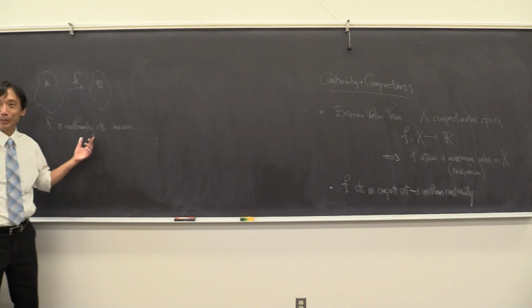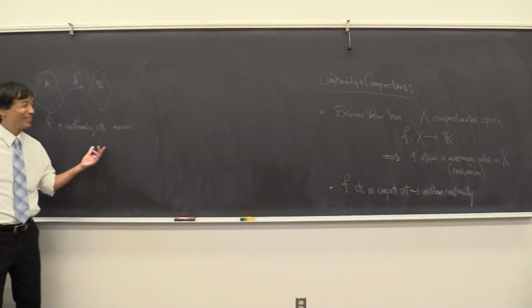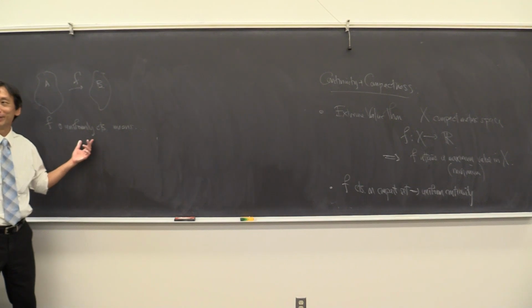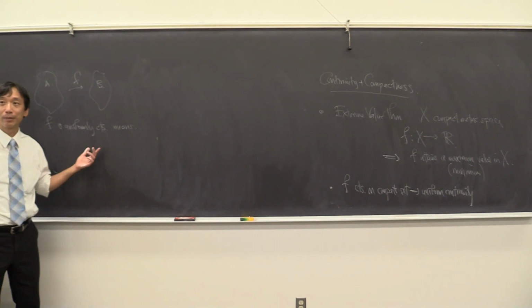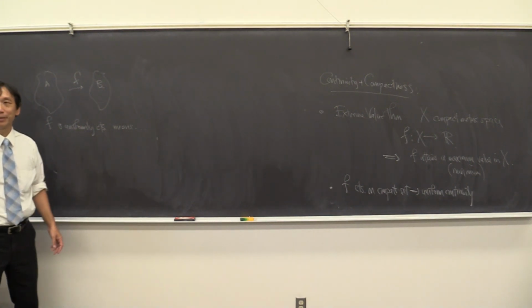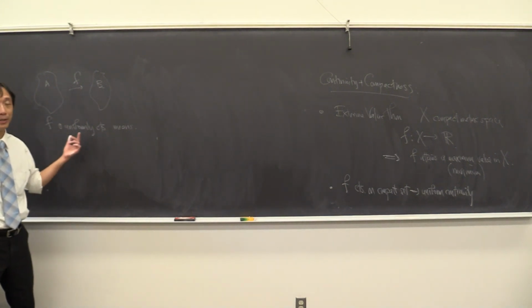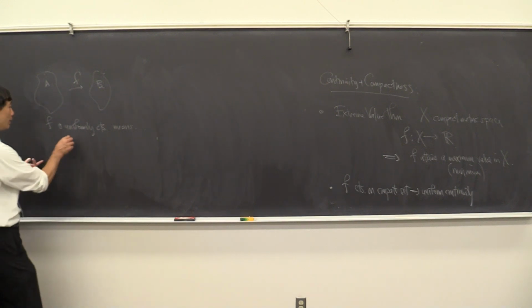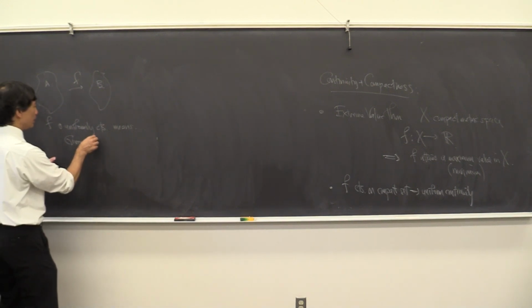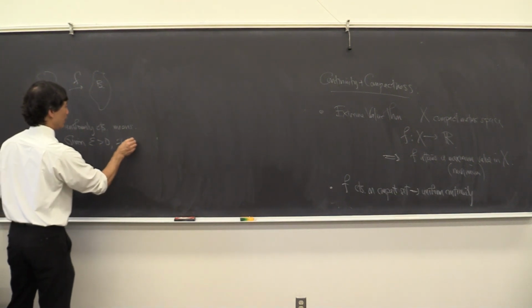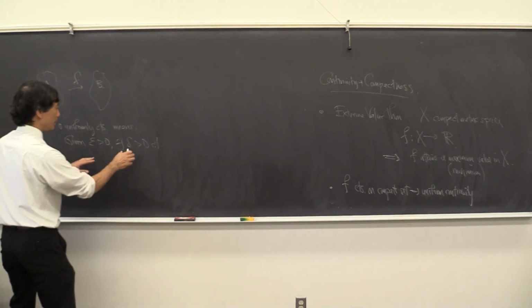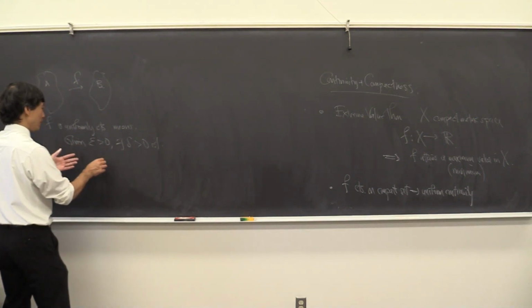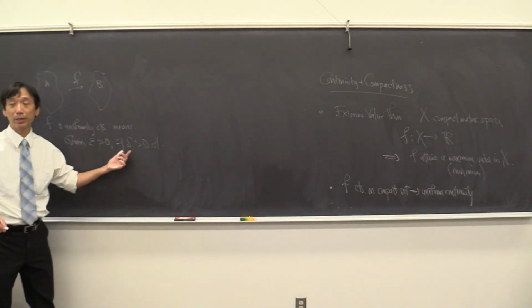It means that your continuity is uniform. That's not a good answer. Somebody give me a real answer. Jaden. Whereas for regular continuity, you can choose a different delta at every point. Yes. For the epsilon, for uniform continuity, you have to have a delta that works for every point. Exactly. The delta is independent of the point. So regular continuity at a point means that there's a delta that is going to work around that point.